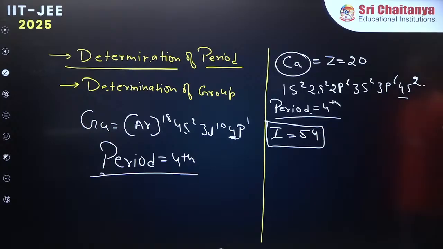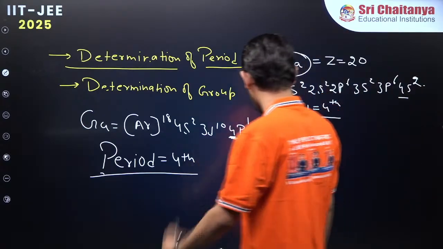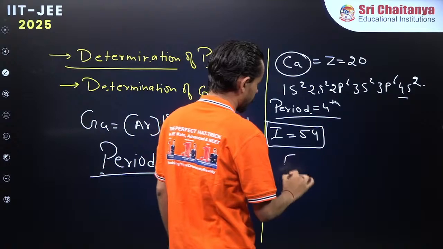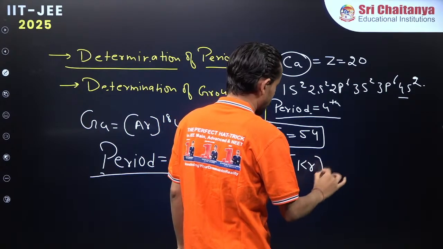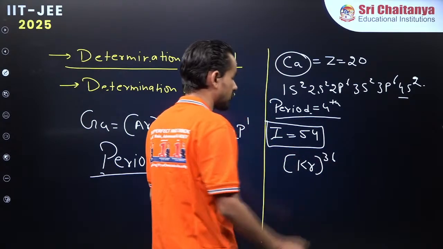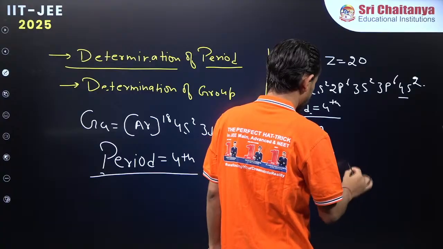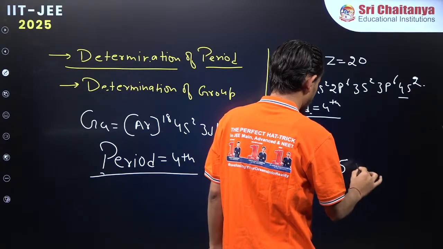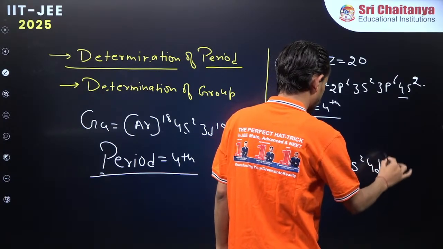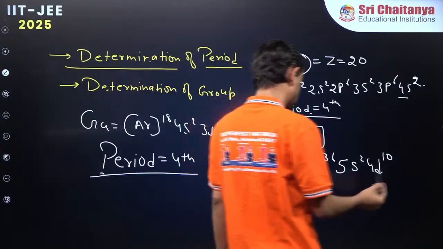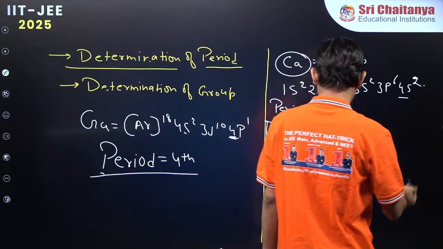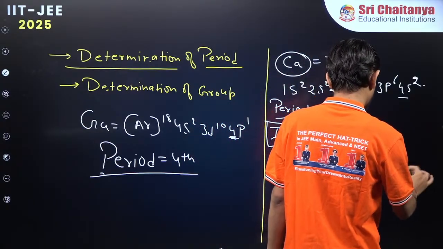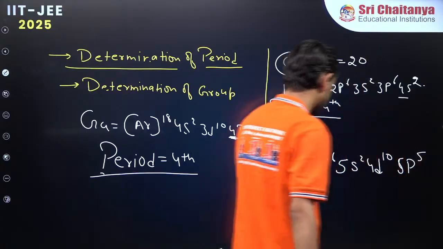Five. How do you get to know? Tell me the configuration. It is krypton 36, then 5s2, 4d10, and then 5p5.